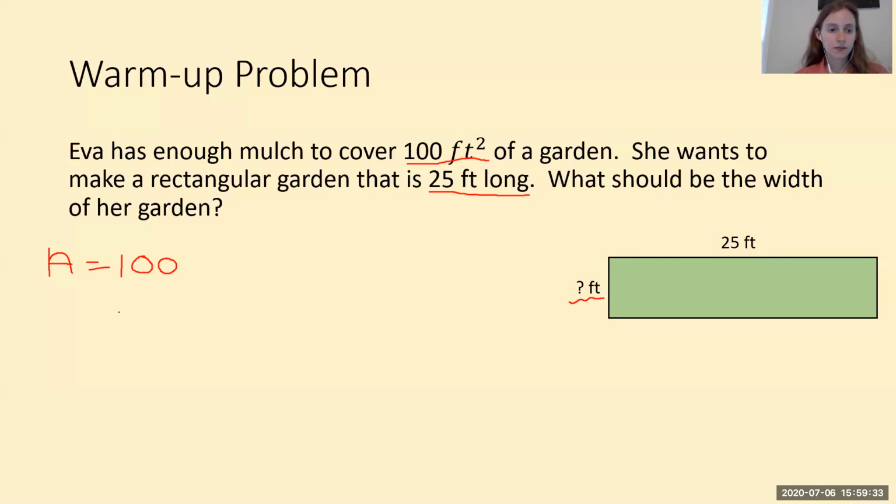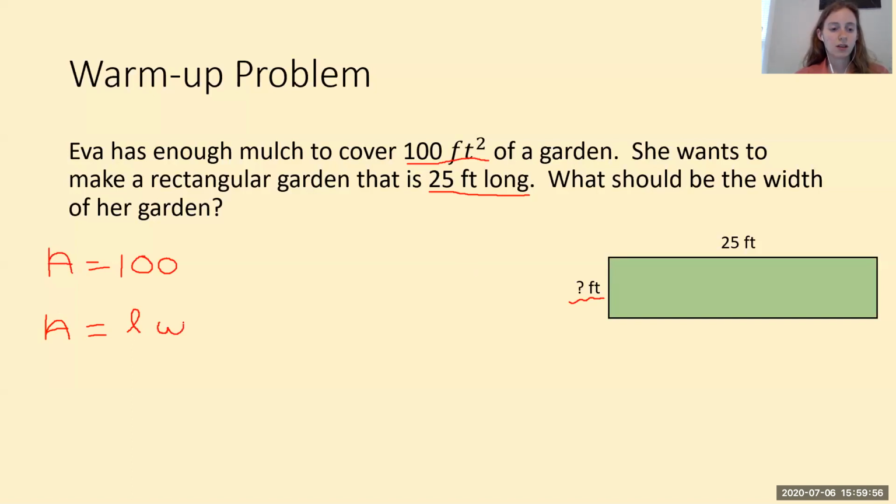So to figure that out, we need to think about what goes into the area of a rectangle, or how do we calculate the area of a rectangle? This is where your formula sheet comes in, or maybe you have this formula memorized by now. So we know that the area of a rectangle is equal to the length times the width.